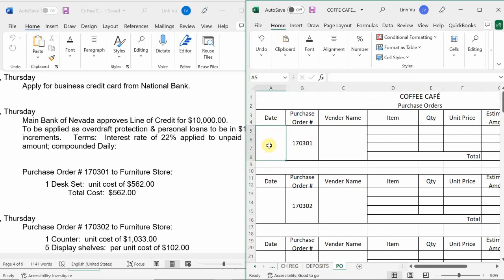Very first one here is purchase order number 17301. There you go, matches that. So we ordered this on the 6th. Who did we order from? We ordered from furniture store. What was the item that we bought? We bought a desk set.